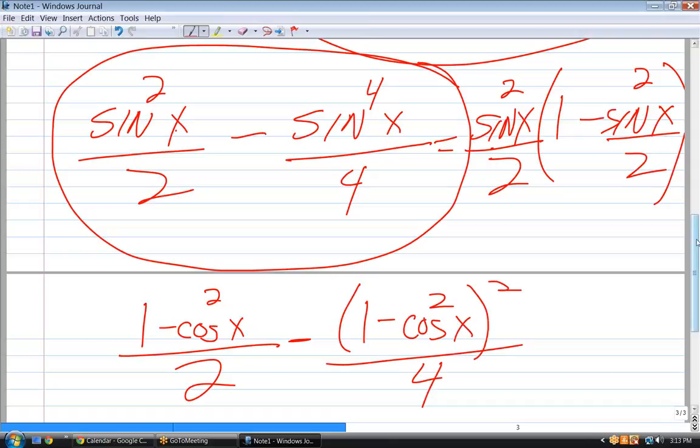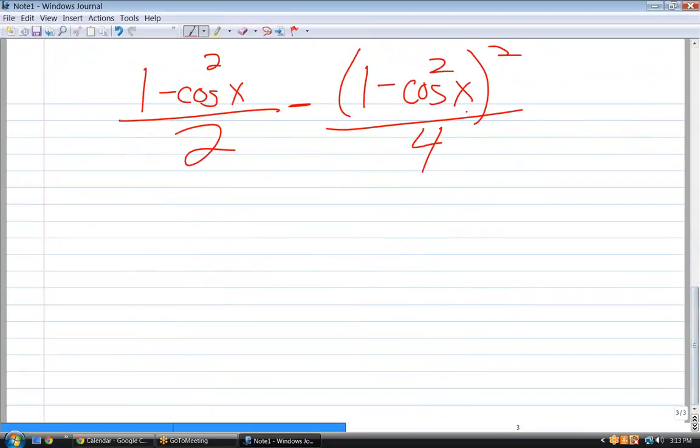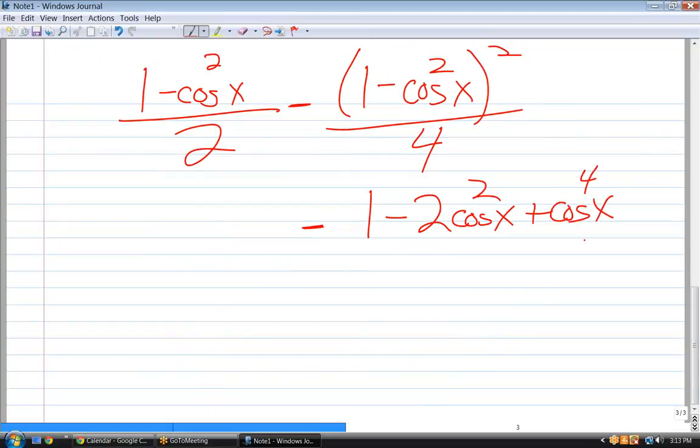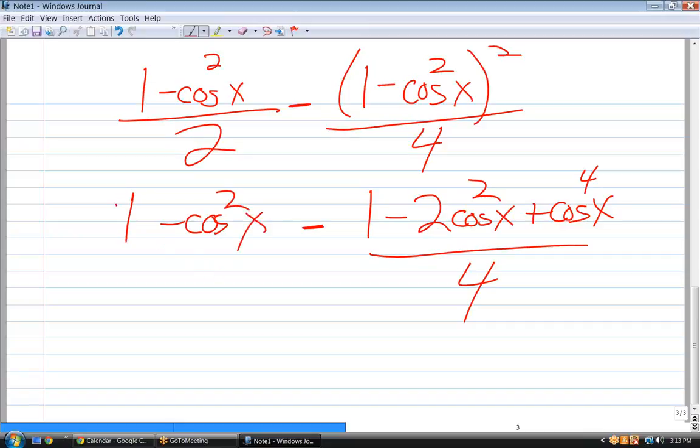Okay. Well, let's go ahead and expand this. So we got 1 minus 2 cosine squared x plus cosine fourth of x all over 4. Over here we got 1 minus cosine squared of x, which I'm going to multiply both of these by 2 so that I have a denominator of 4.